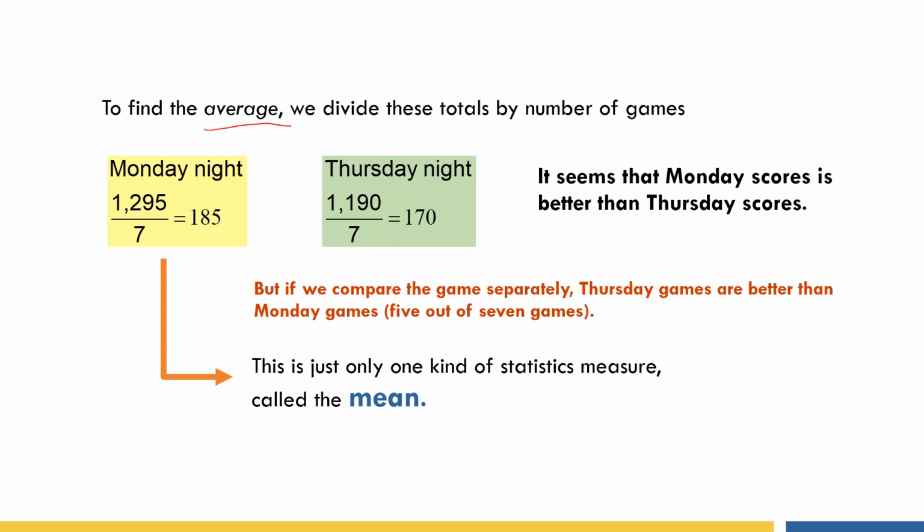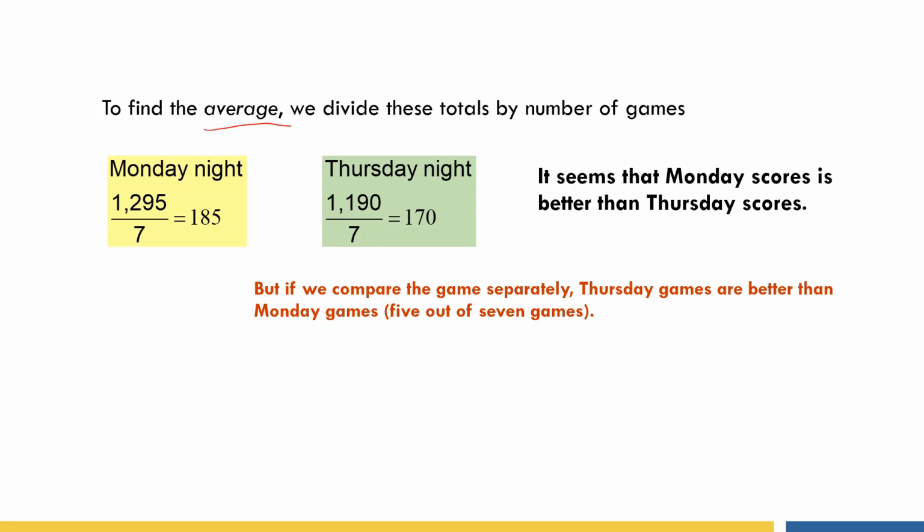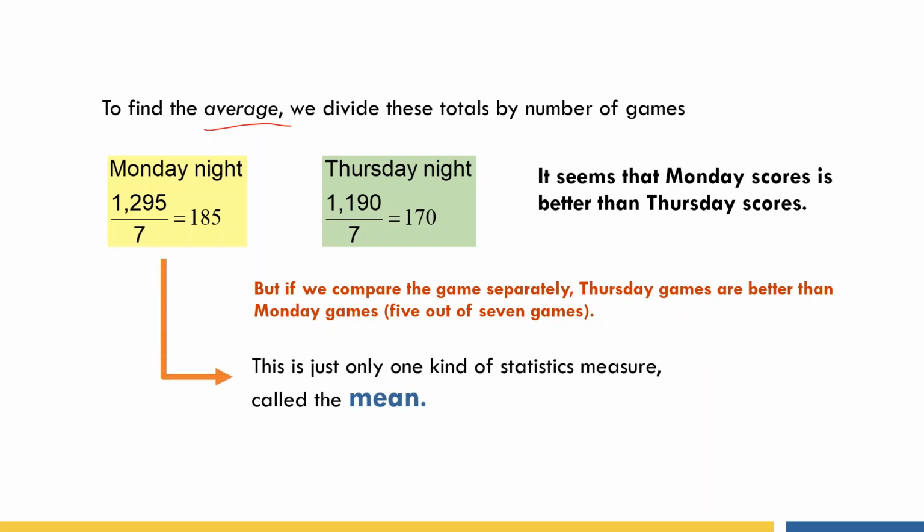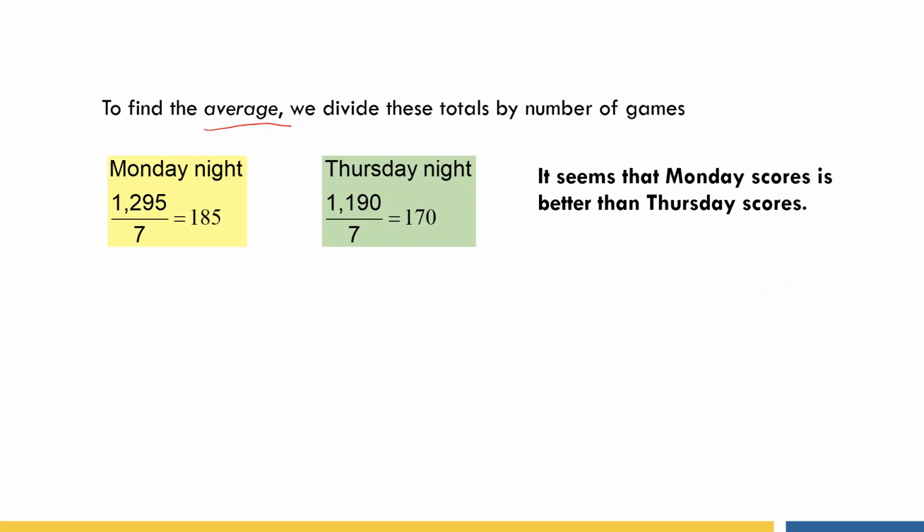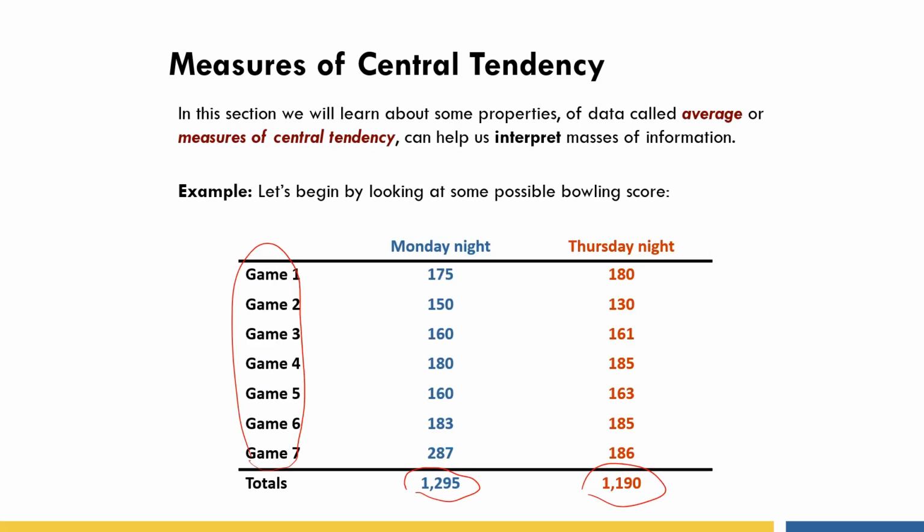Okay, and can we conclude that Monday night is better than Thursday night? Let's see if we compare the games separately, which one has the better score. Let's go back. Okay, game 1 Thursday night is higher. Game 2 Monday night.